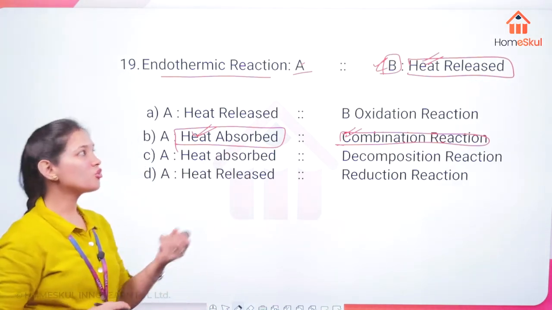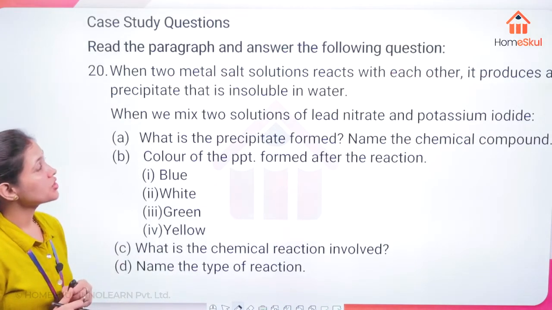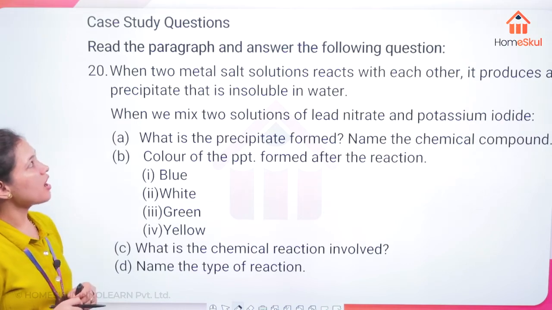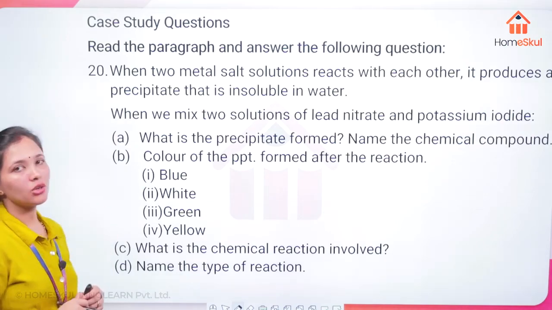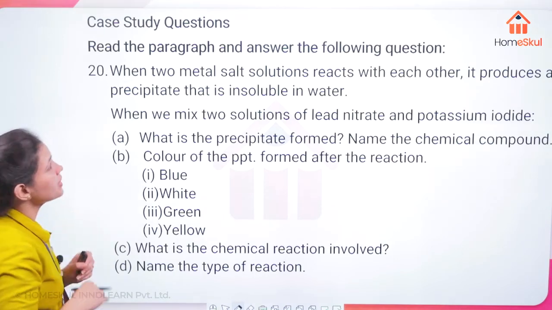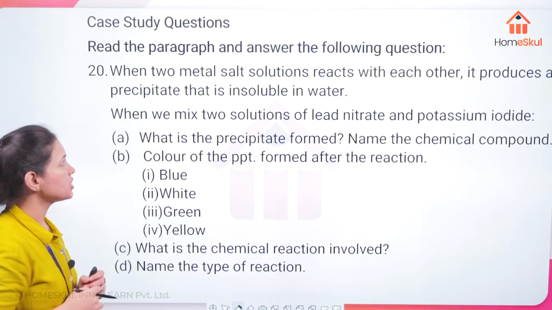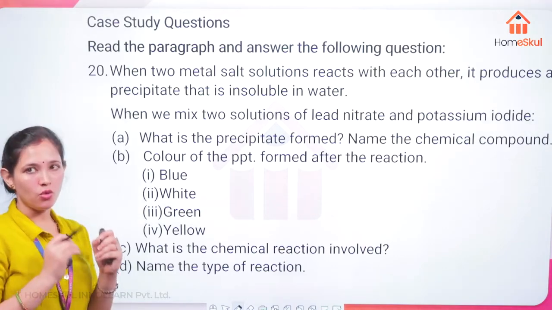Now we are moving on to the next question, that is a case study question. Read the paragraph and answer the following question. When two metal salt solutions react with each other, it produces a precipitate that is insoluble in water.